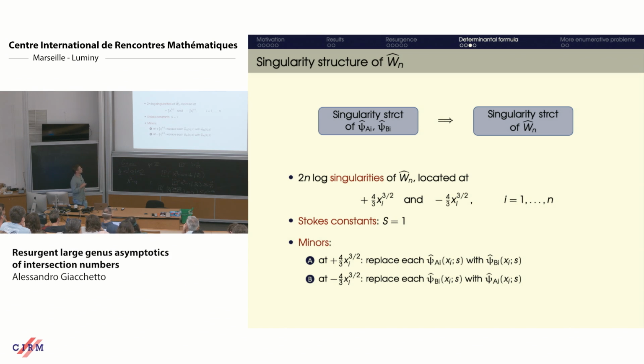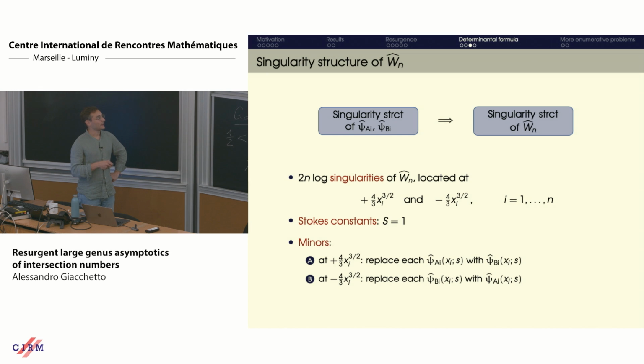If you try to compute the minor associated to the singularity located at plus 4/3 xi to the 3/2, what you can do is take the determinantal formula, and every time you see the Airy function evaluated at the ith variable, you substitute it with the Berry function, and vice versa. If you want to look at the minor at the singularity minus 4/3 xi to the 3/2, every time you see the Berry function evaluated at the ith variable, you substitute it with the Airy function with the same variable.